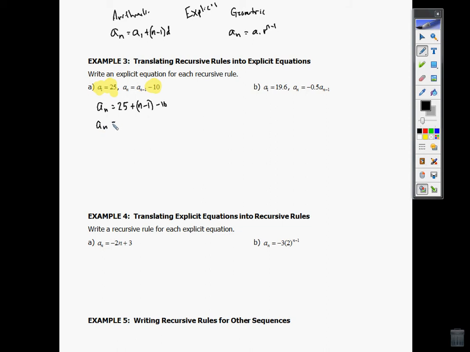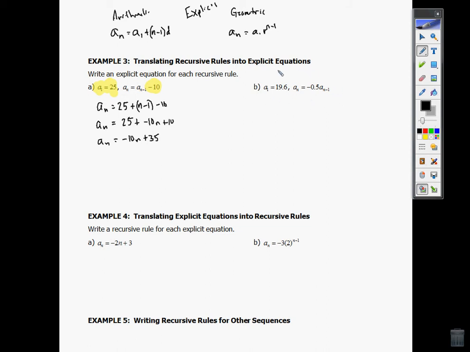A sub n equals 25 plus negative 10n plus 10. So finally, when we combine like terms, I have a positive 25 and a positive 10. A sub n equals negative 10n plus 35. Not too bad, right?